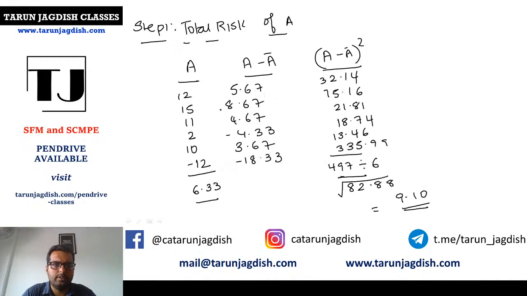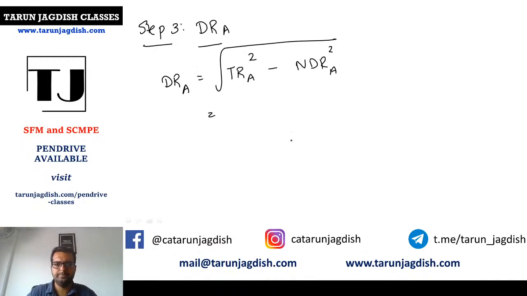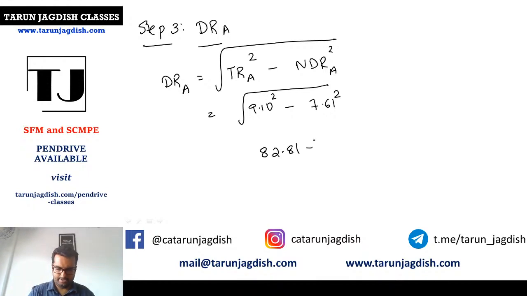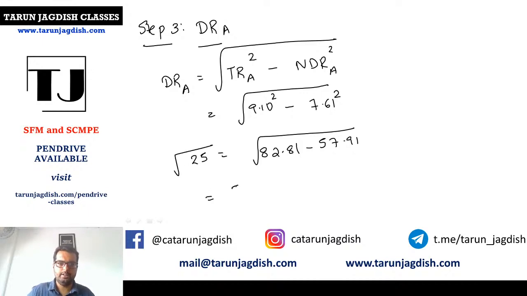So the total risk turns out to be 9.1 square, NDR is 7.61 square, the whole square root. 82.81 minus 57.91, the whole square root. I'll get the number as 25 approximately, the square root of which turns out to be 5. Can you please write down till here in your books now?